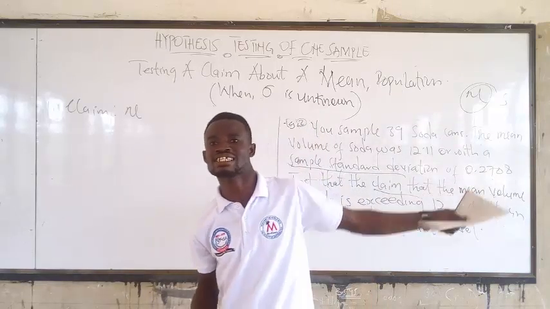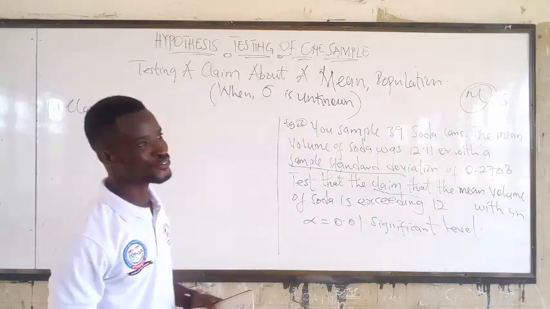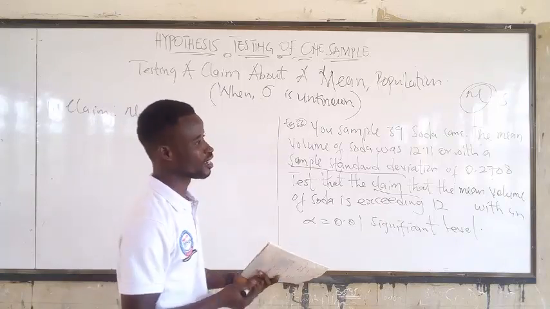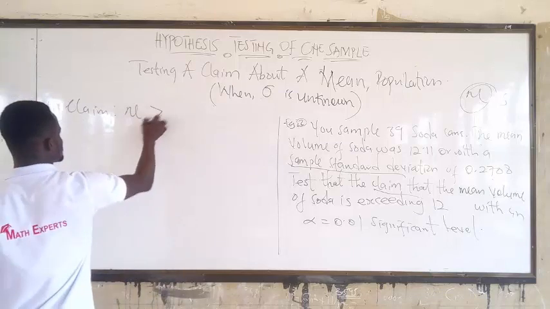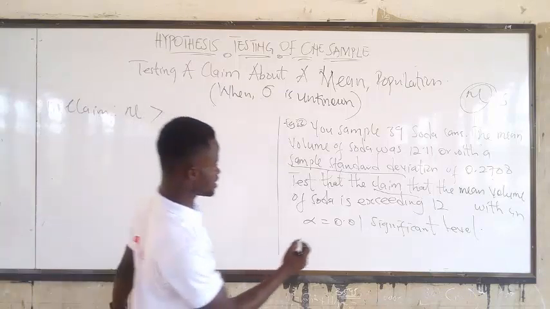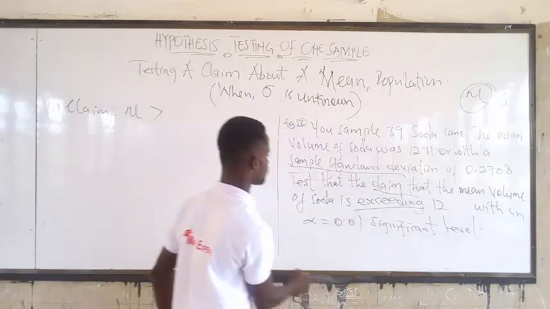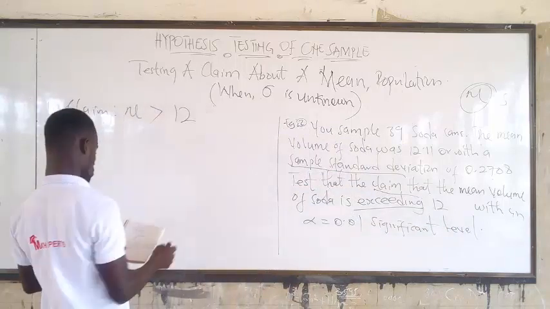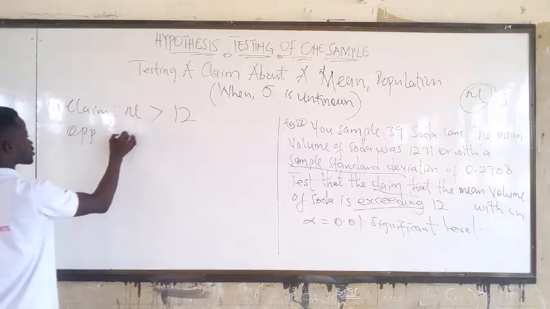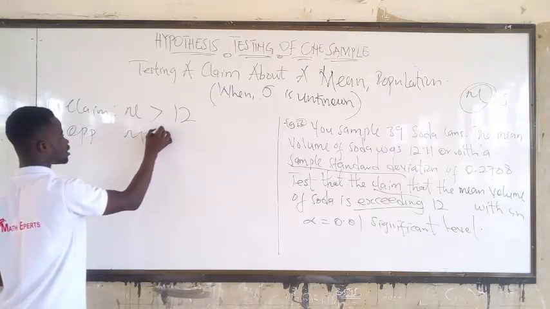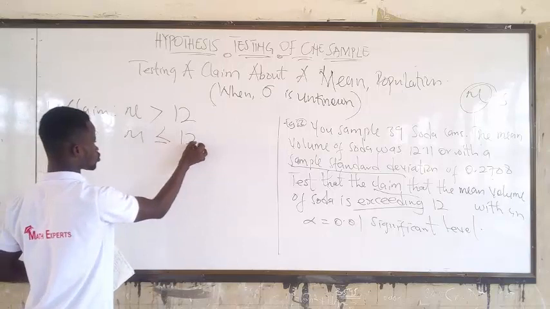When something is exceeding, what does it mean? Yes, I told you to go for the nearest meaning words. So exceeding means the same as greater. Exceeding 12. Alright. Then the opposite will be less than or equal to 12.